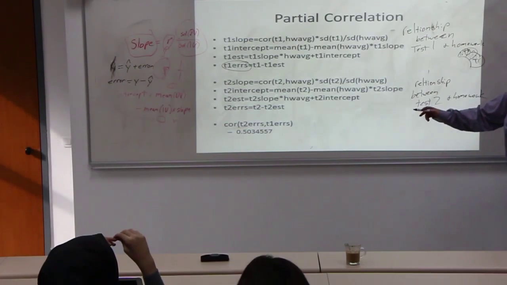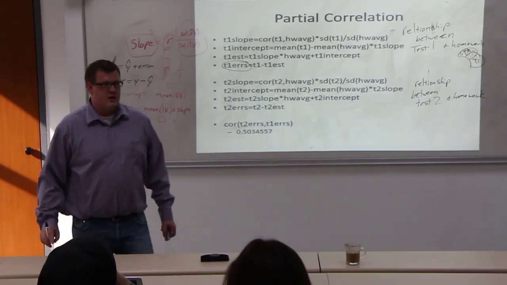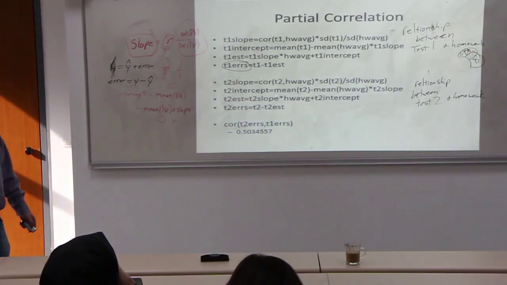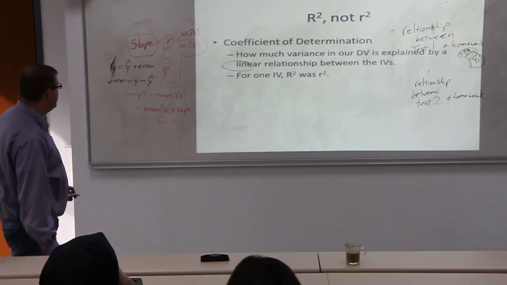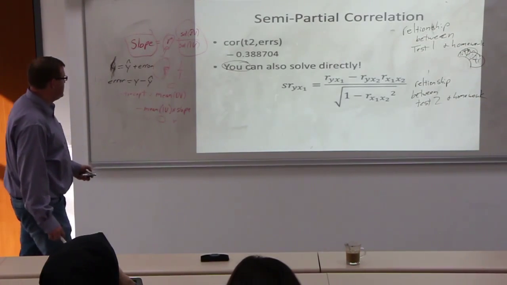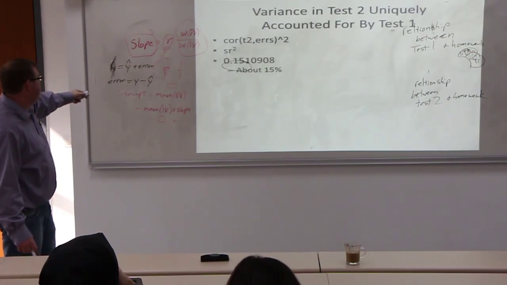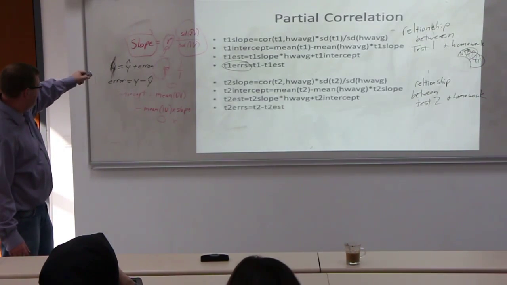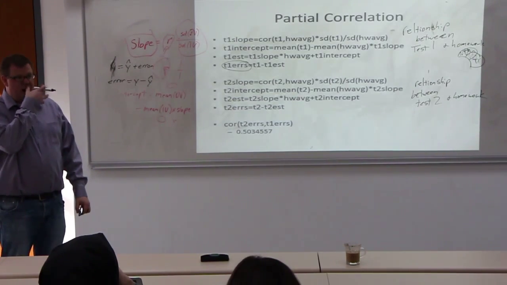So, the semi-partial correlation. Does anyone remember what that was? It was test 2 and, I think it was like 0.383 or something. Let's find it. 0.38. Or 0.39 if you round it. And what is this? 0.50. It's bigger. Why is it bigger?